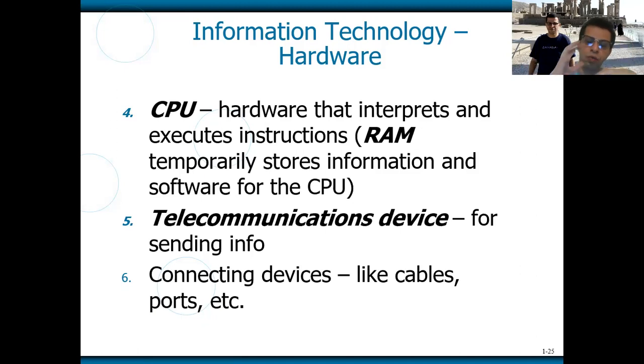So when the CPU starts requesting this information, it will ignite the application and process it. Then there are telecommunication devices for sending information, like a telephone. And then you have connecting devices like cables, posts, and ports.